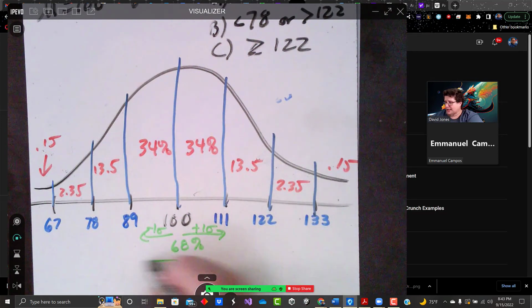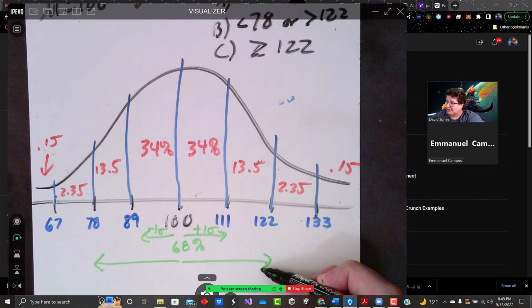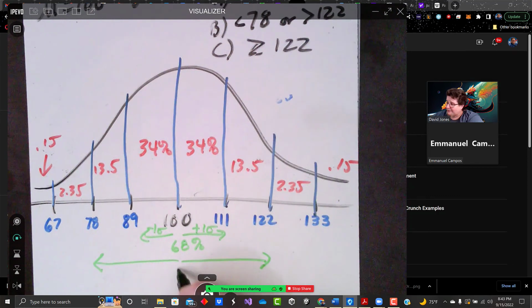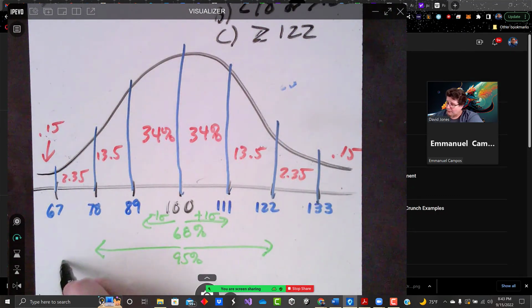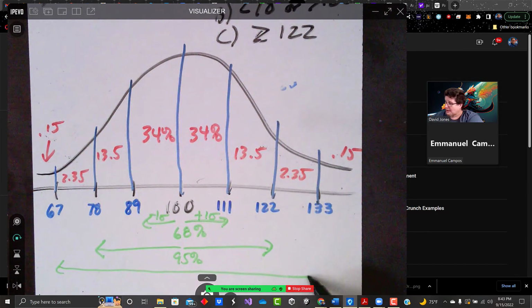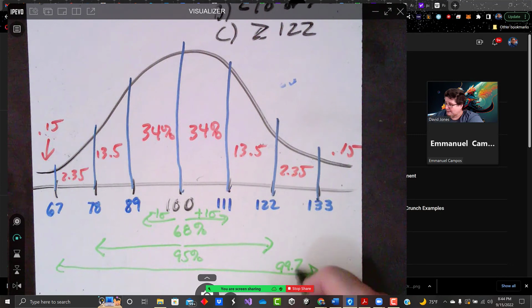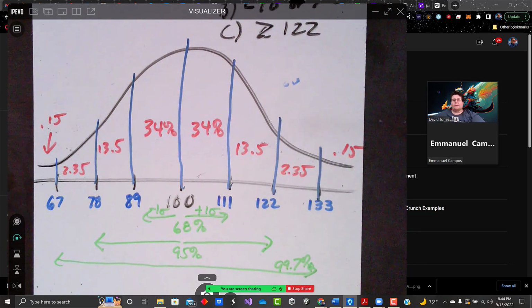If I go within 2 deviations outward from the mean and add those up, I'm going to get 95%. And if I go out 3, I'm going to get 99.7%. Those can help speed you up depending on what they ask you.